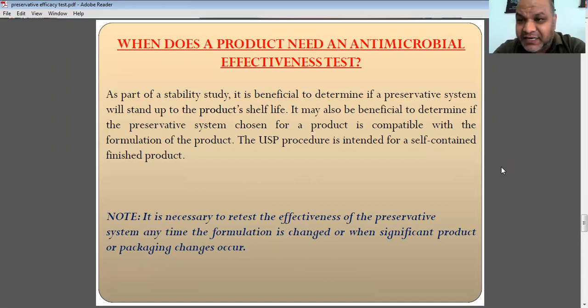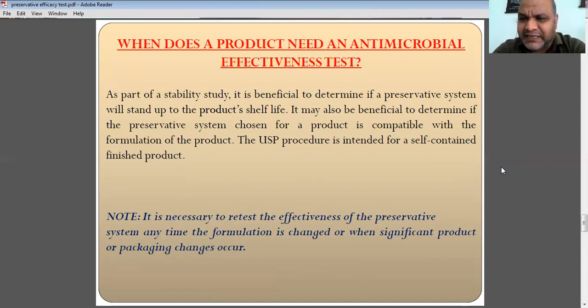But in a condition when there is no specific preservative for a product, then what will we do? Then definitely, whether it is incompatible or compatible, we have to use the preservative, but for a restricted period. We should not prolong that period, otherwise the ingredient may deteriorate or be destroyed.